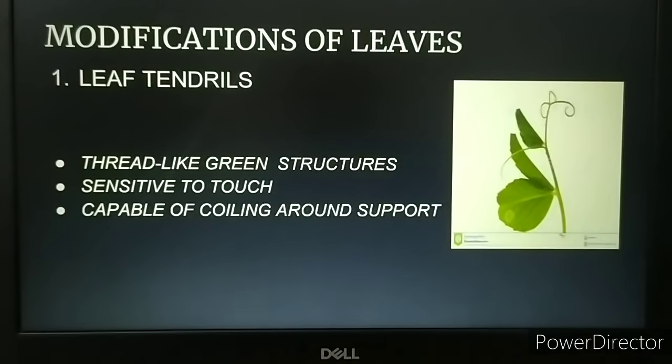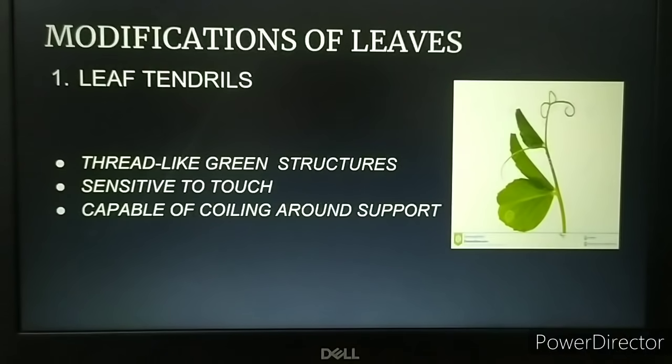The leaf tendrils are spring-like structures or thread-like structures which are wiry, coiled, green structures. It looks somewhat like a coiled wire.